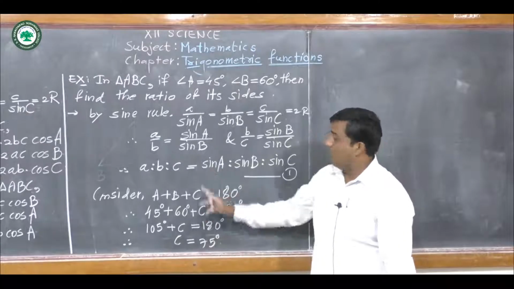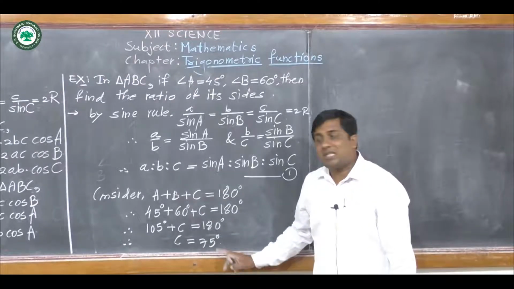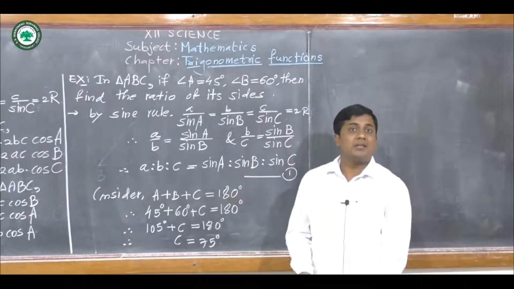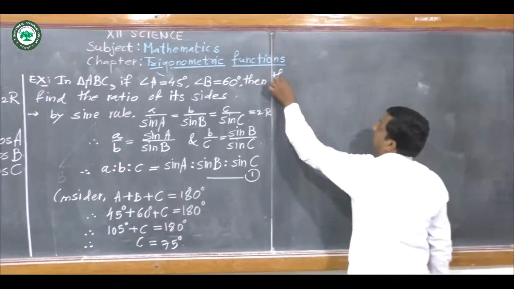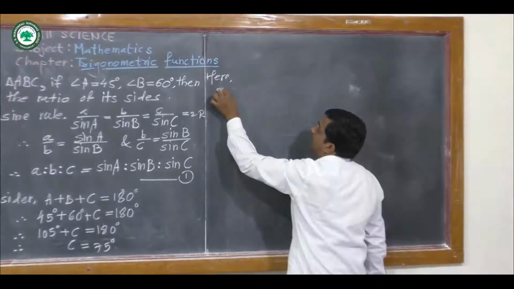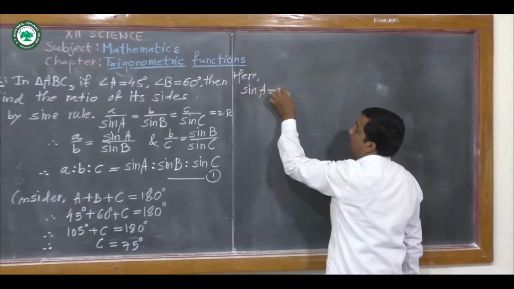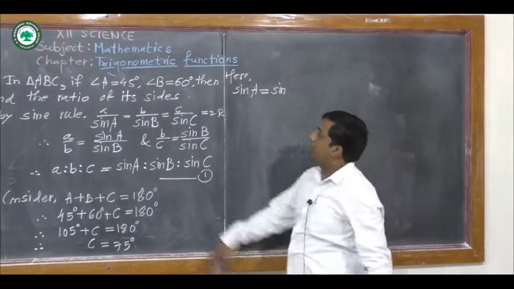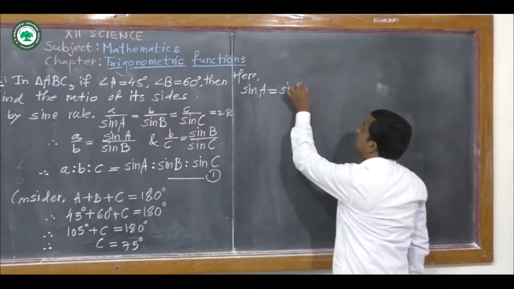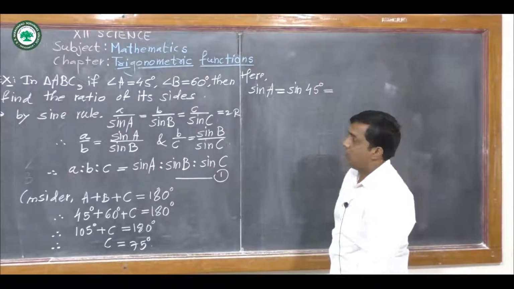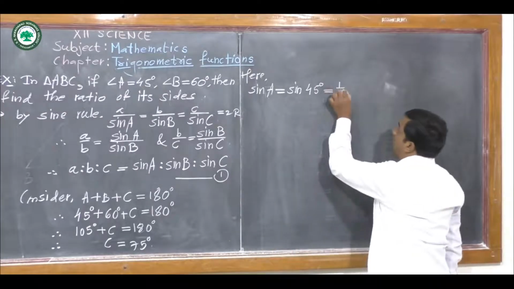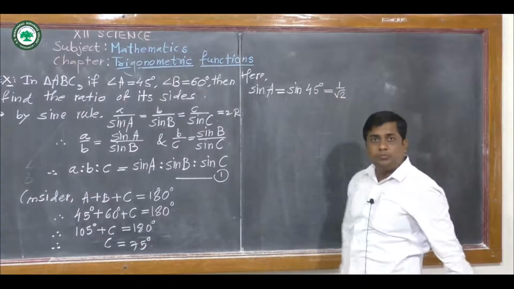Now we know A, we know B, we know C. Let's find sin A, sin B and sin C to find this ratio. Sin A is equal to sin of 45 degrees, and we know sin 45 degrees is 1 upon root 2.